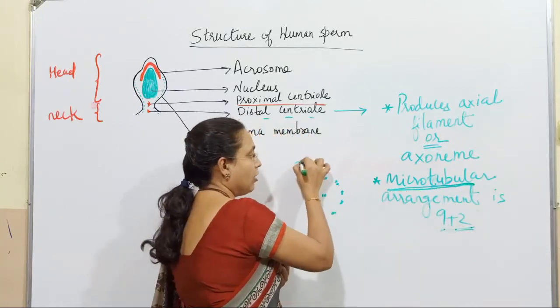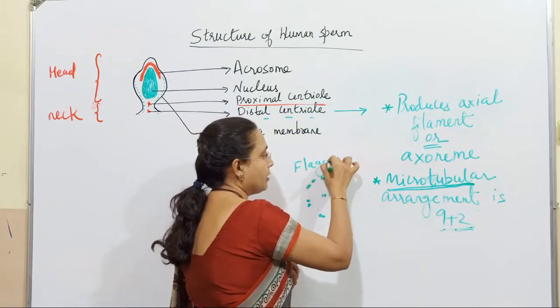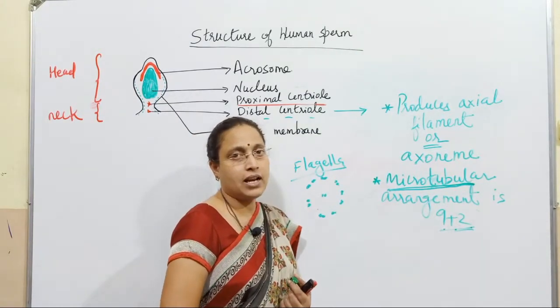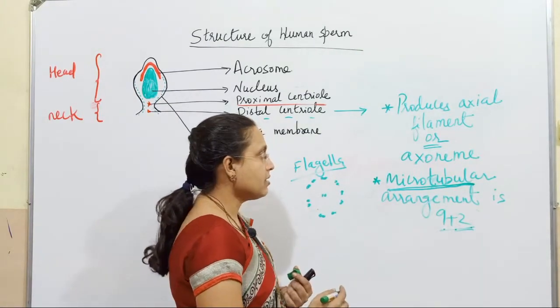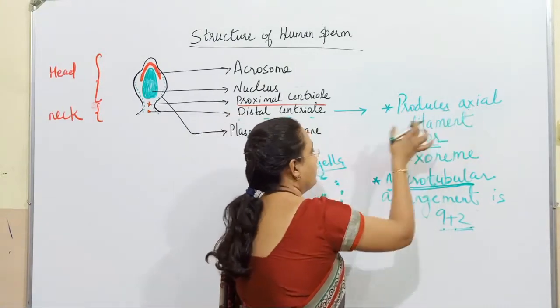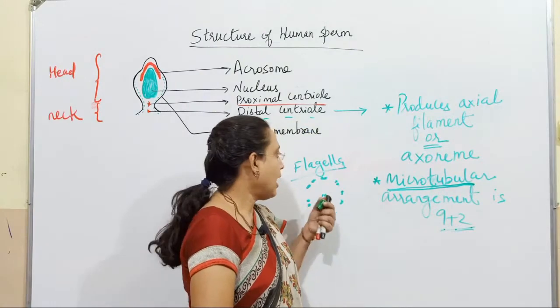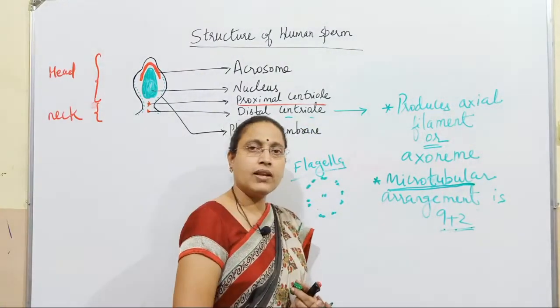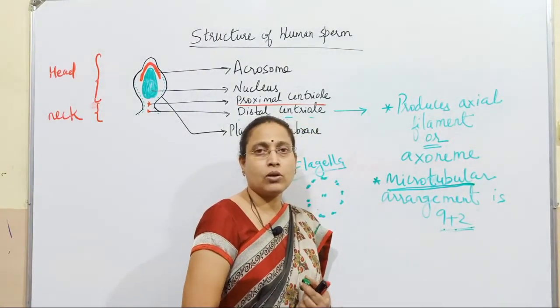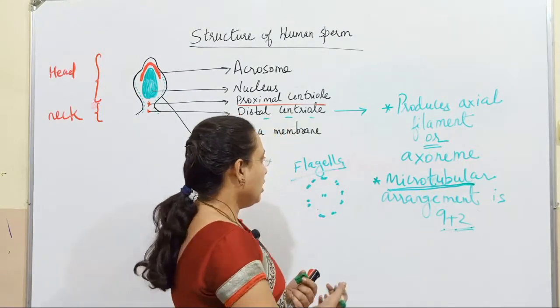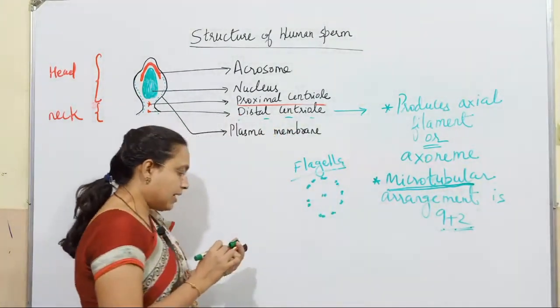The same kind of arrangement will also be there in flagella. That means the axial filament will continue in the tail region of the sperm, and the sperm now becomes flagellated. They are also called flagellated sperms. Now, where does it start?